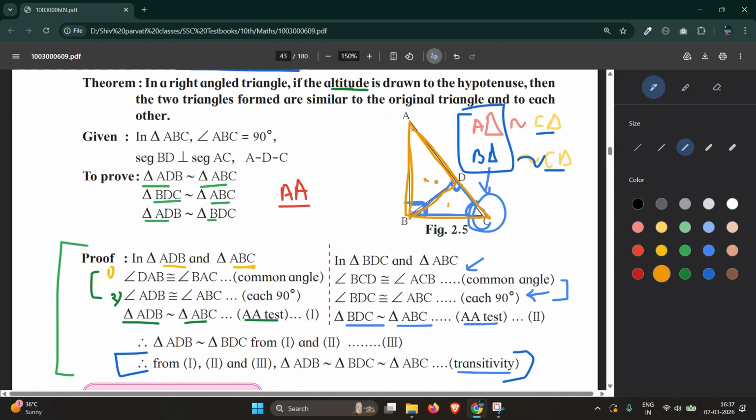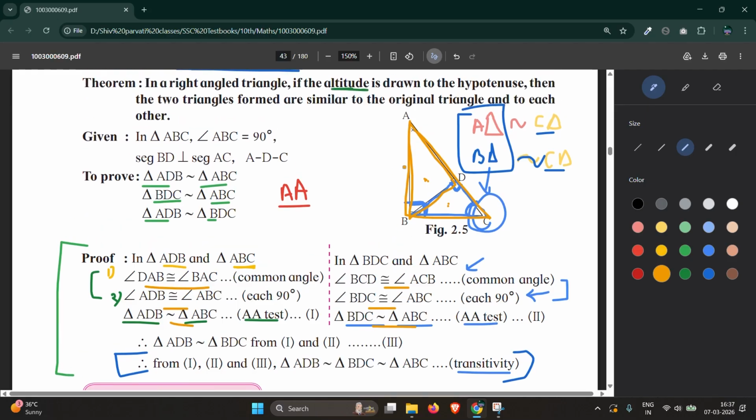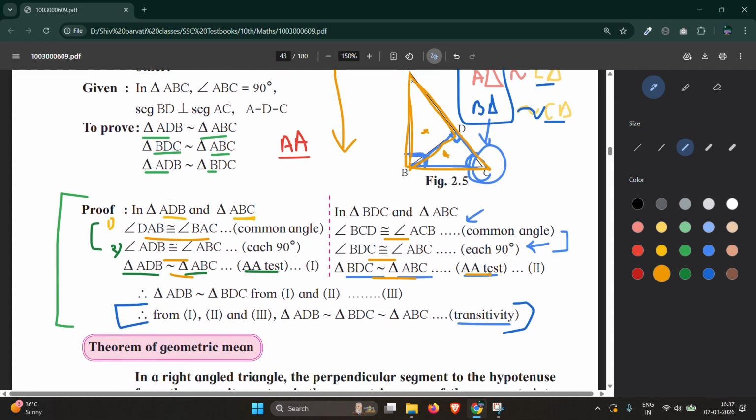So again, if you try to understand the steps that we are taking to prove how these triangles are similar, you can easily do that in the exam as well, and you will just have to practice the notation. So always practice the notation because that is very important in the exam. But the overall flow that we go through to prove that these two triangles are similar to each other and with the original one is just that you use the double angle test both the times separately.